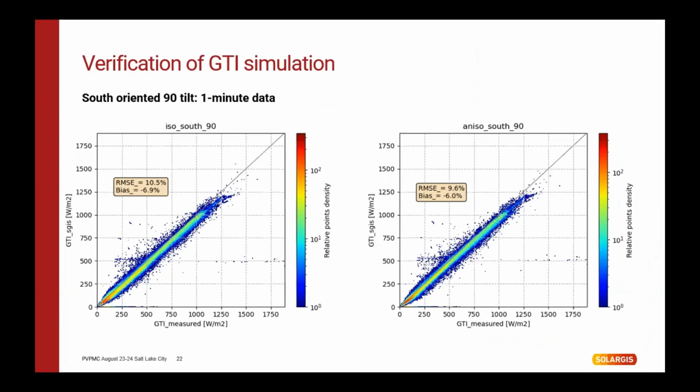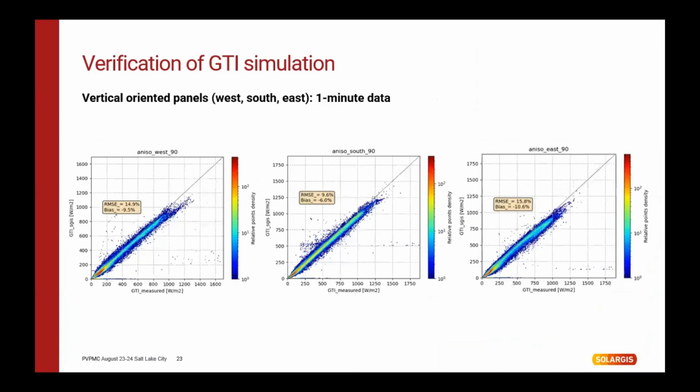We see in the scatter plots that there is a systematic underestimation of higher values, and this is for all three systems. South facing vertical performs a little bit better than east and west facing. Probably there is more diffuse radiation for east and west, therefore there is also higher bias, but this is just one idea of interpretation of this result.